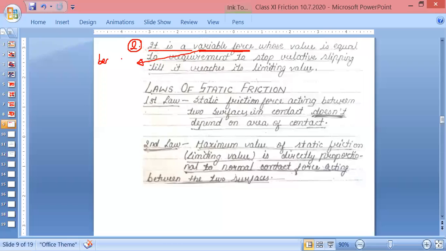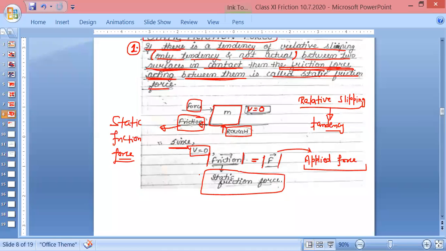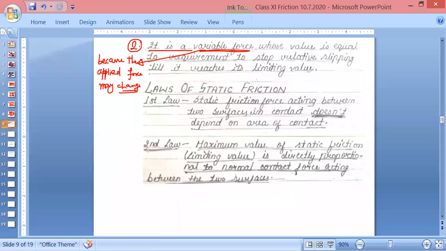Because the applied force may change, and I have shown you that whenever the applied force changes, the static friction force will change with the same value. Remember this point also.